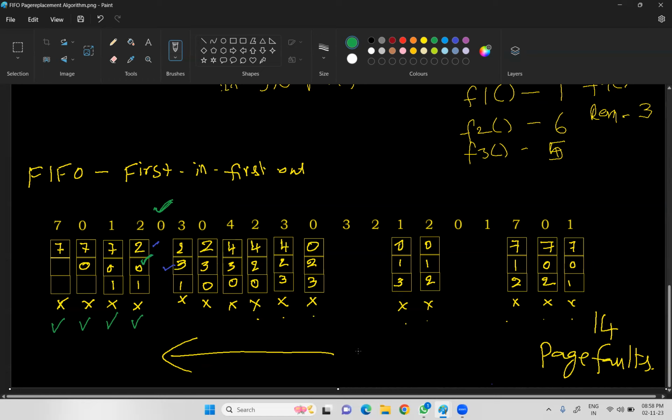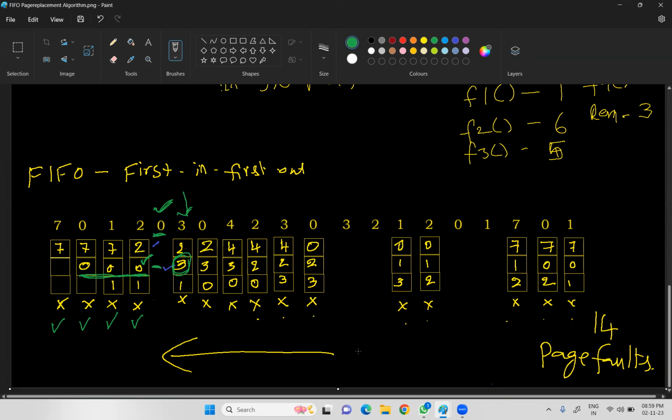So 0 was just used before, so it already existed, but when a new frame is available, since it was loaded three to four frames ago, that is why it was replaced here. You are not supposed to replace this one, since 0 was used just before at this place.